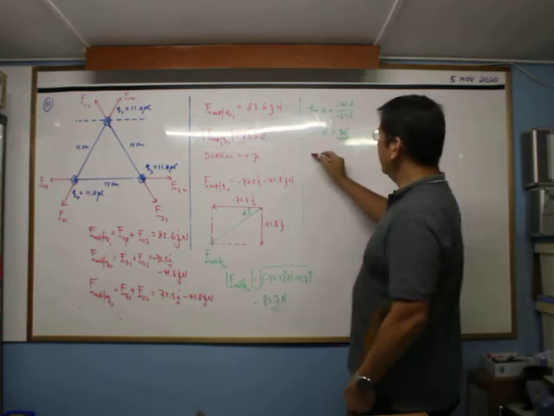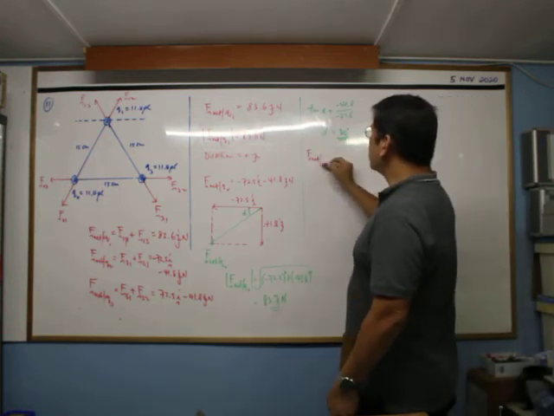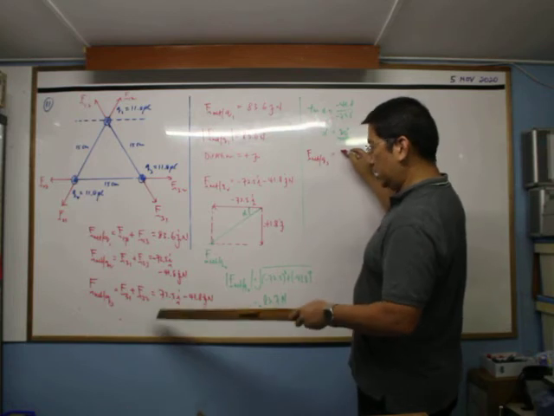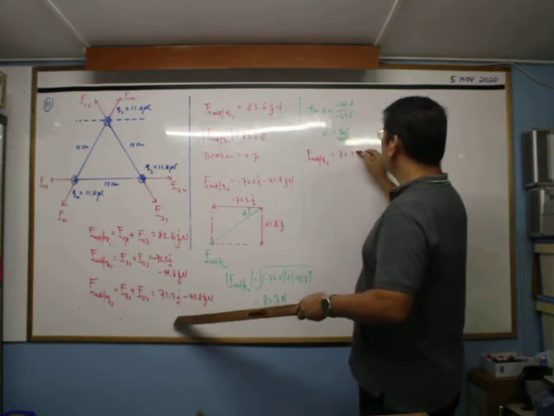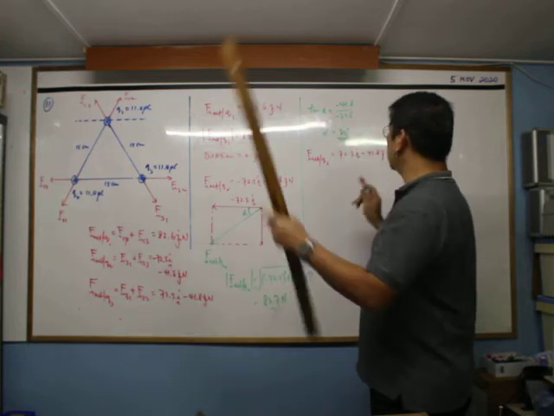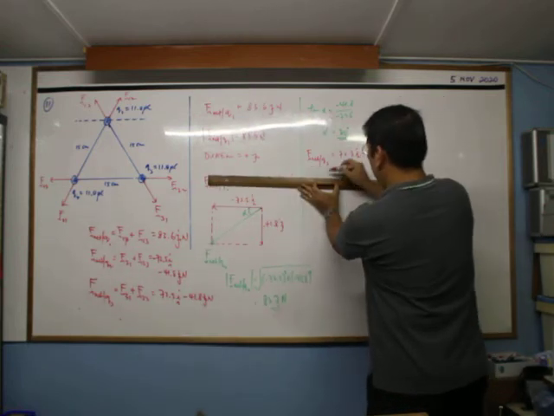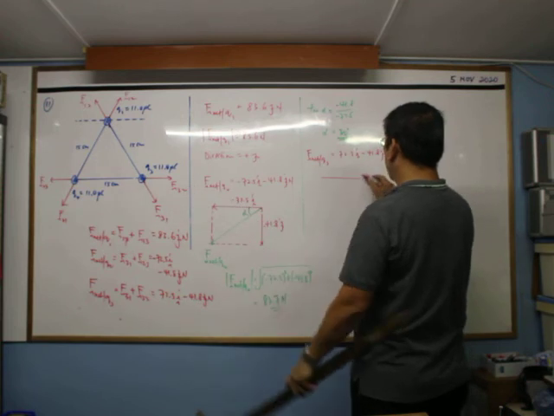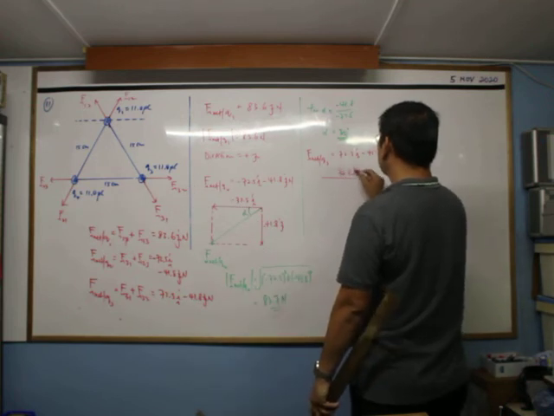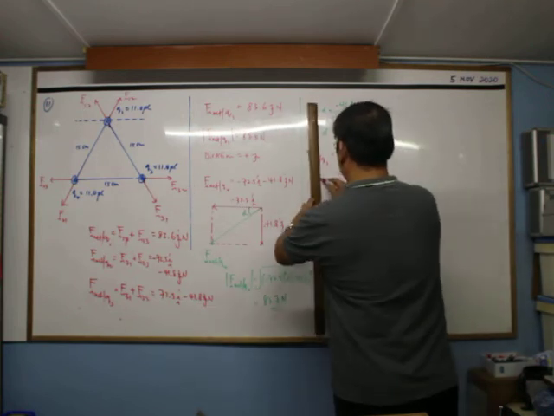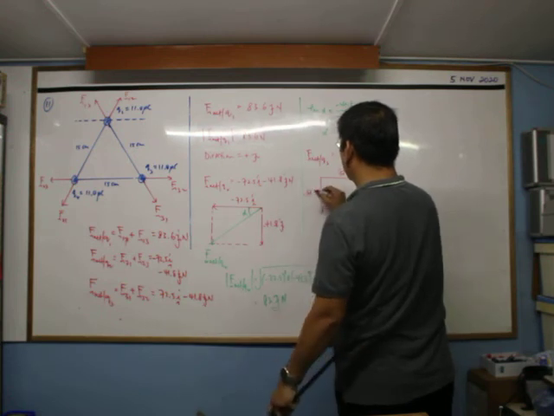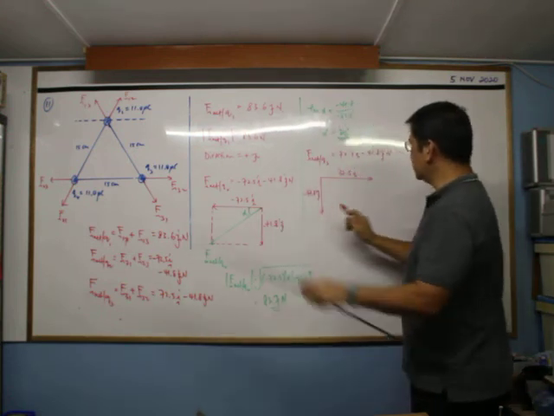And the last one is the net force on Q3, which is 72.5 I minus 41.8 J Newton. Do the same thing. We draw this component, positive I to your right hand side, and then minus 41.8 J downward, same like this one.